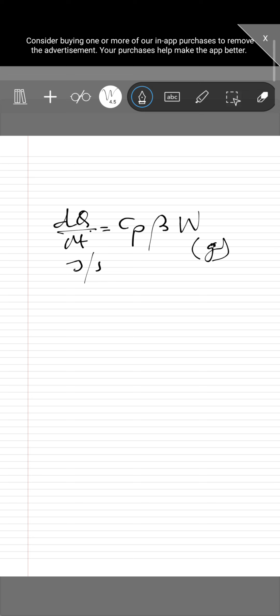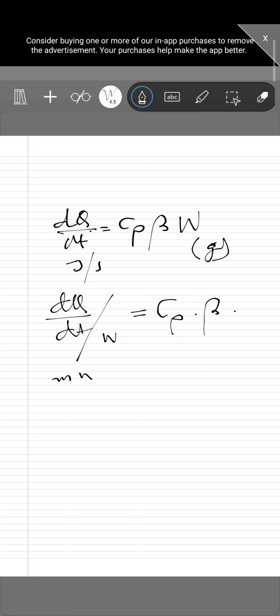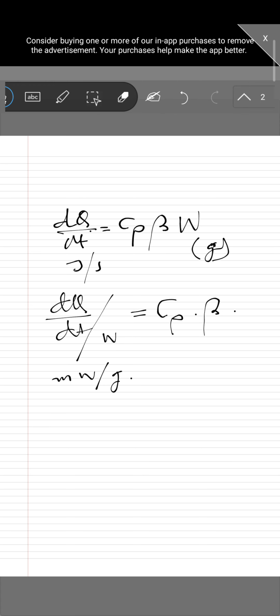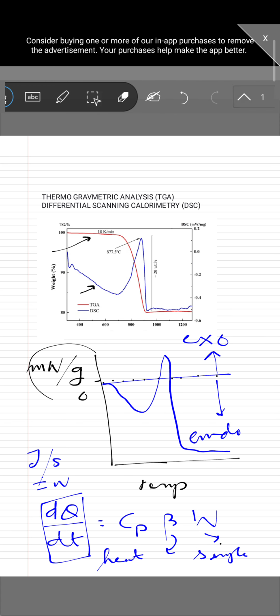So your dq by dt by W is equal to Cp into beta. So this is what is given as milliwatt per gram, that we can see in the y-axis, and this is the temperature.